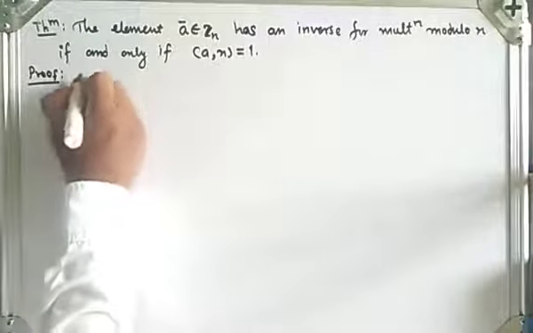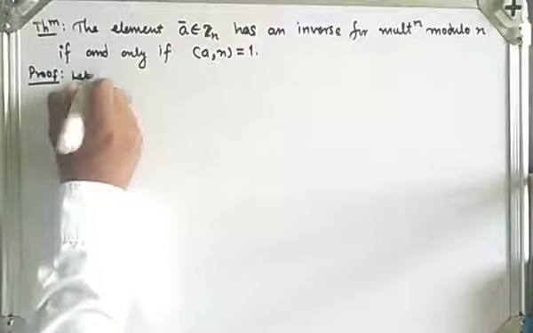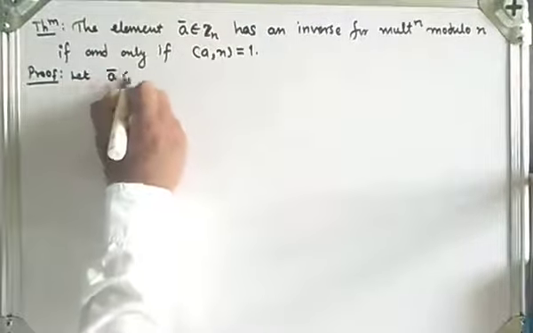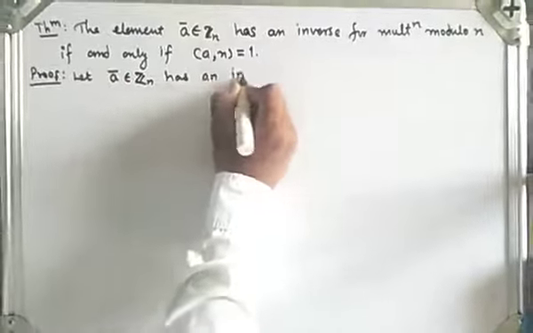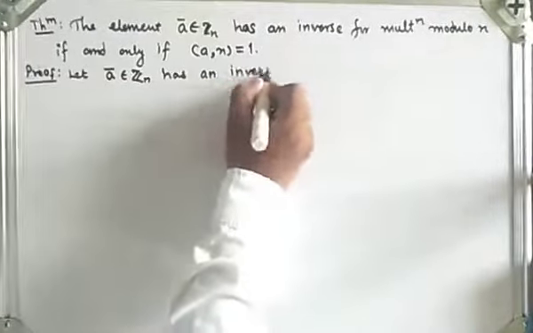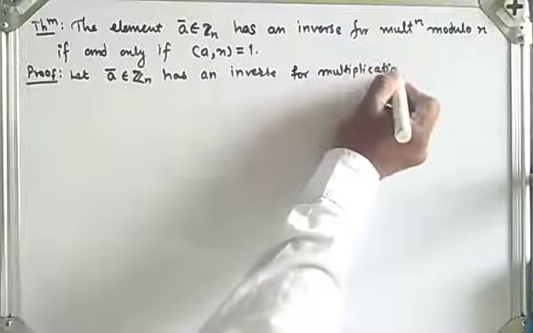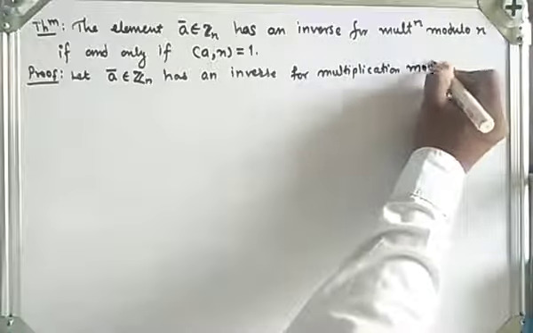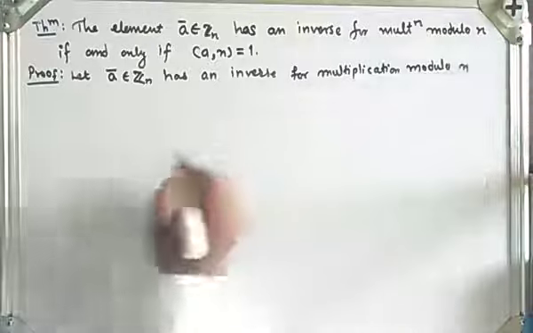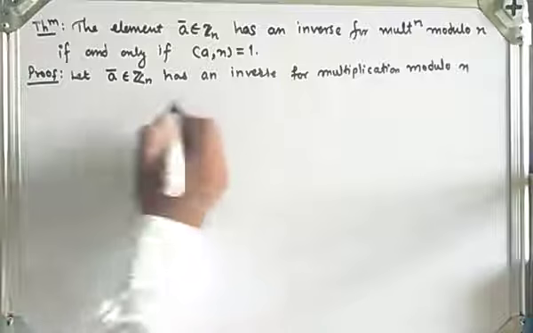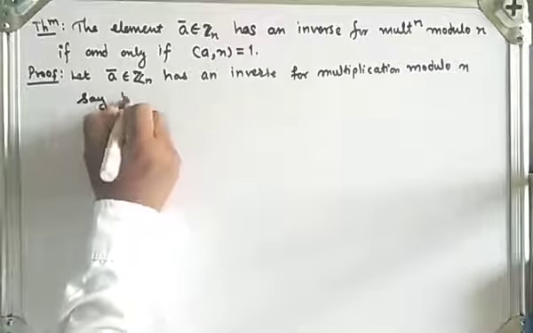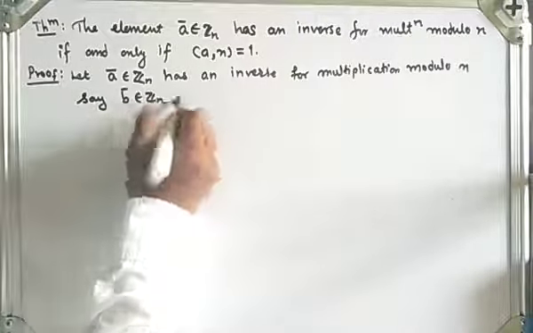Now let a bar belonging to Zn have an inverse for multiplication modulo n, say b bar, which again belongs to Zn.